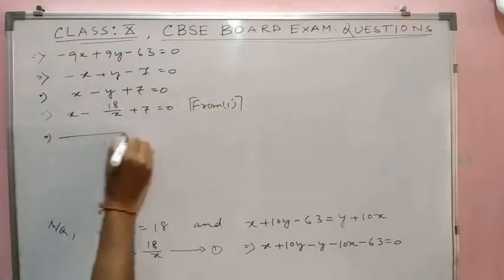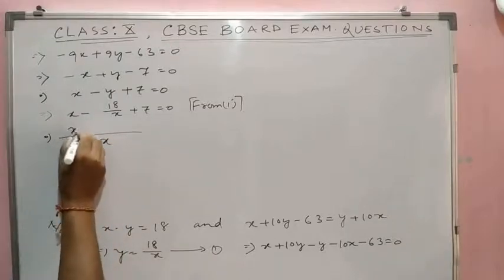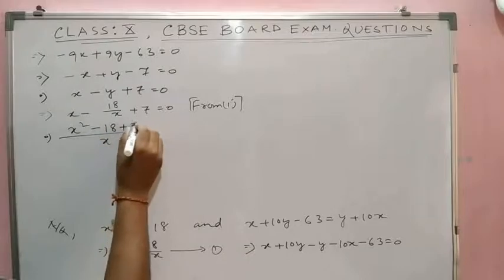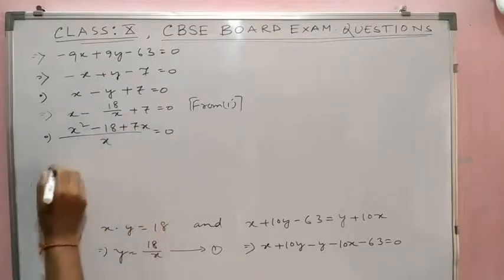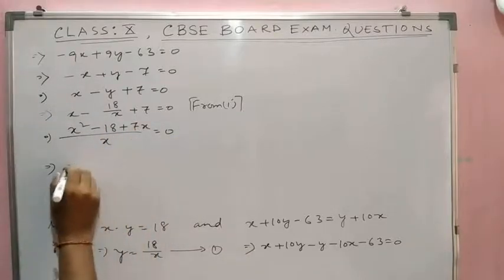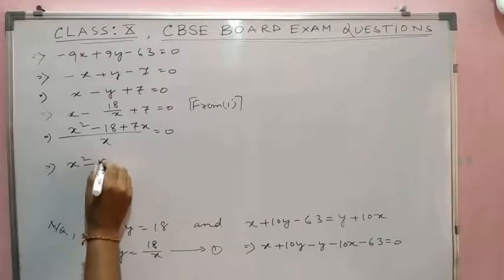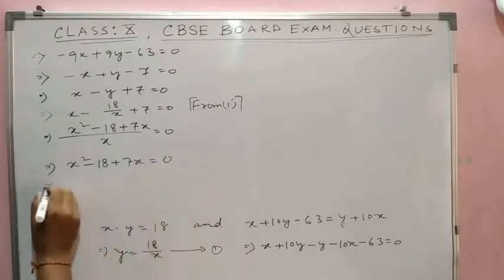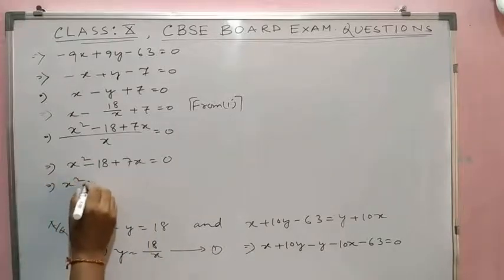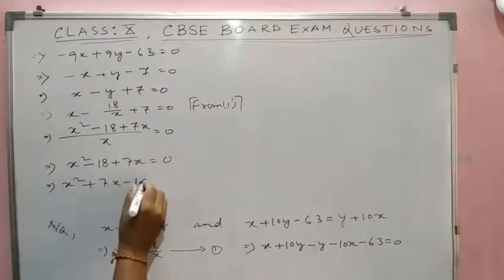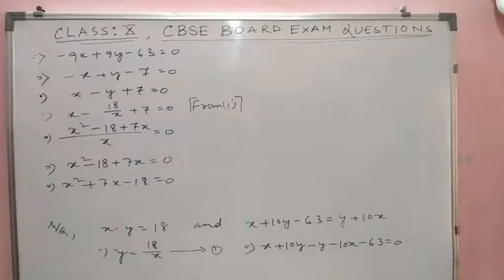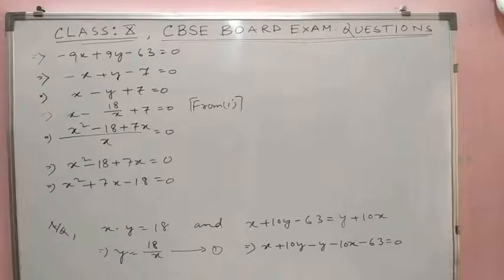So it will be now, taking LCM x, x square minus 18 plus 7x equal to 0. On cross multiplication we get x square minus 18 plus 7x equal to 0. Now let us write this one in standard form. So definitely we get this. Now let us do this one by middle term factorization.